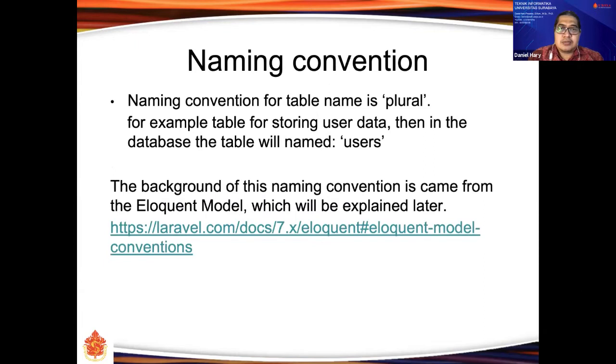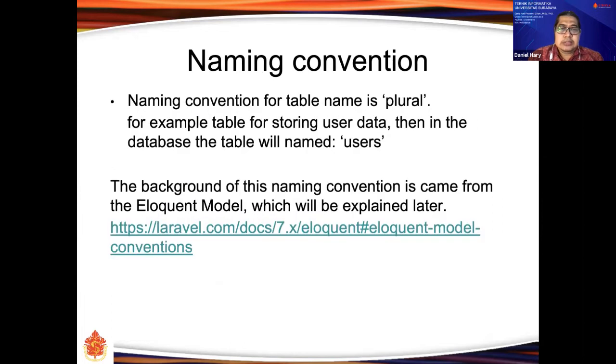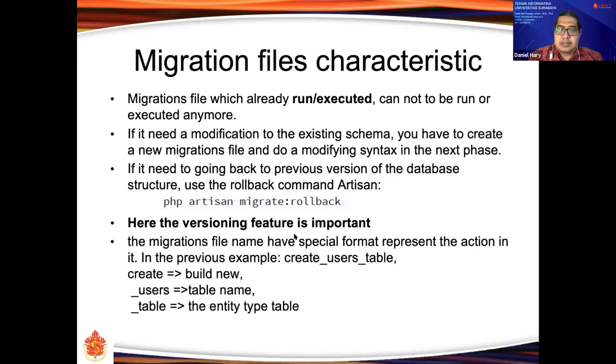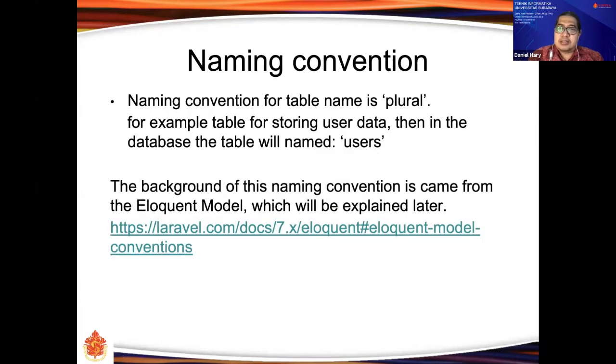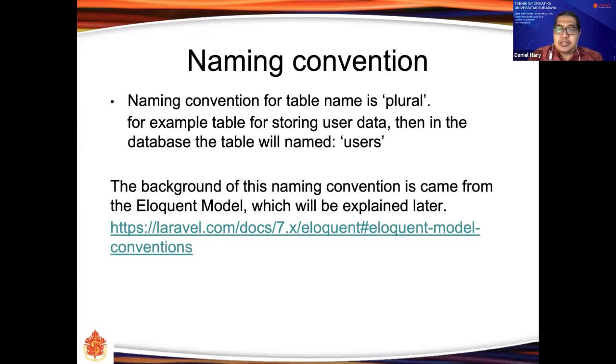And the naming convention for the table: the convention is that there is an S in the table name for the user. If we create a product table, it will be products. There is an S here because later in our Laravel application, it will be used for the object model, the Eloquent object model.